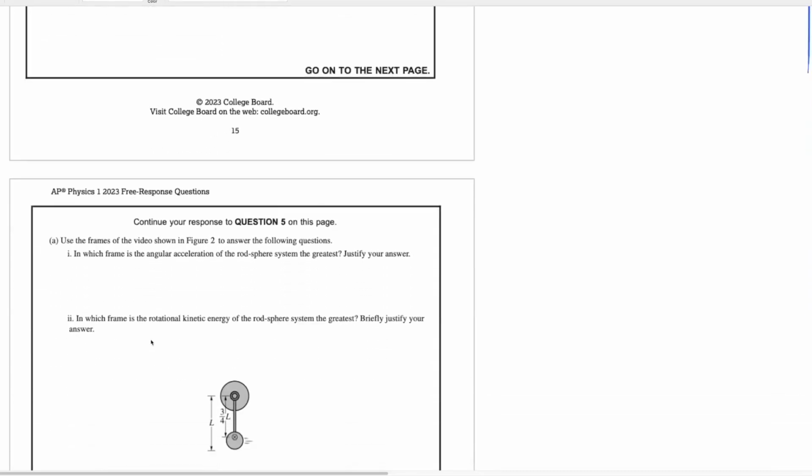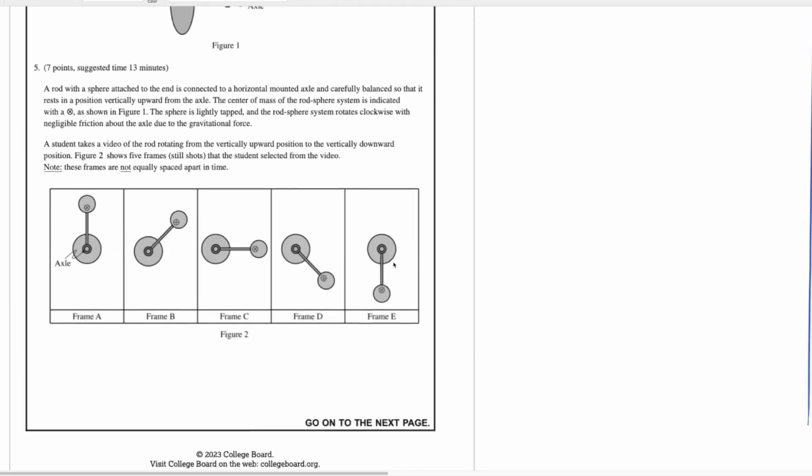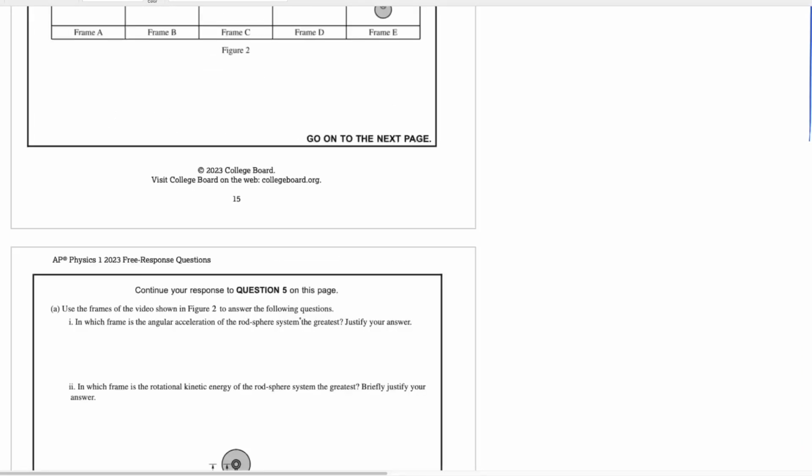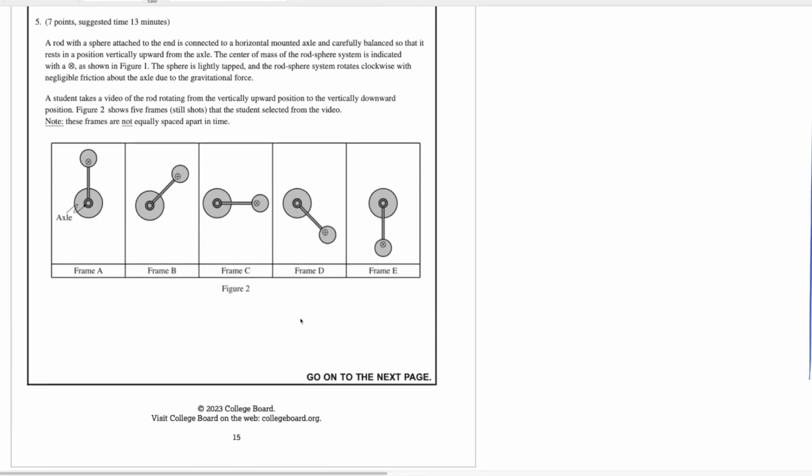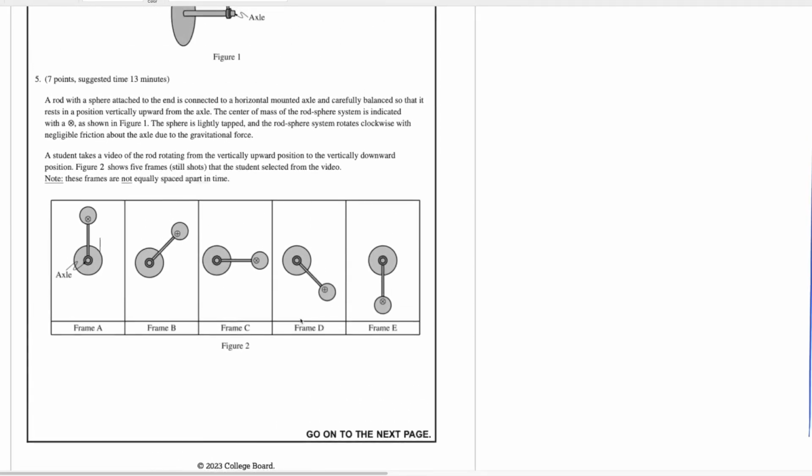The first question: use the frames of the video shown in Figure 2 to answer the following question. In which frame is the angular acceleration of the rod sphere system the greatest? Angular acceleration is related to torque, right?